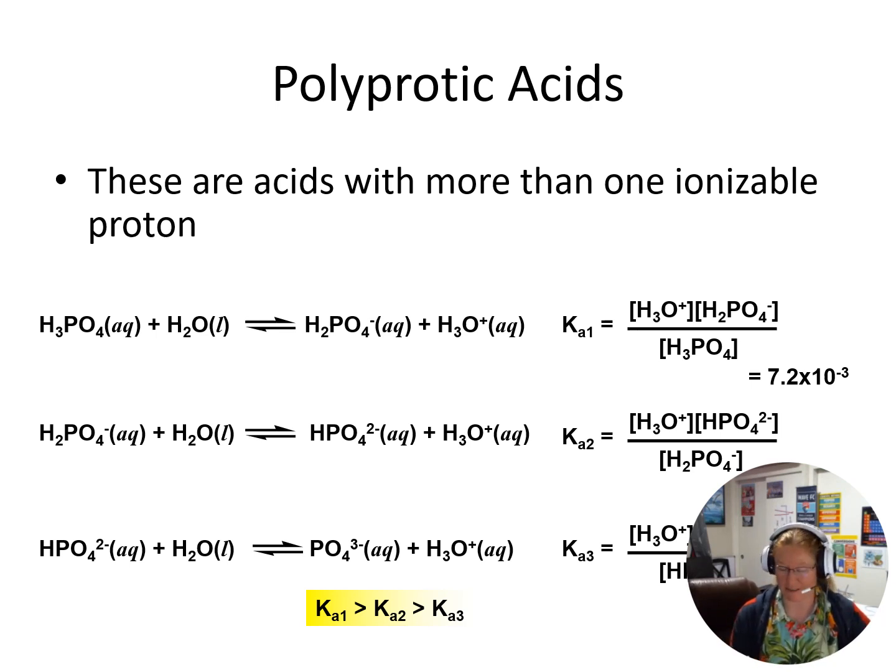If it's triprotic like this one, it'll have 3 Ka values. If it's diprotic, it will have 2 Ka values. Okay, and so the first dissociation is always the easiest. Each successive one is higher, so the Ka value gets successively smaller as you go down and take off each proton. Okay, so lots of things we can do with equilibrium constants.